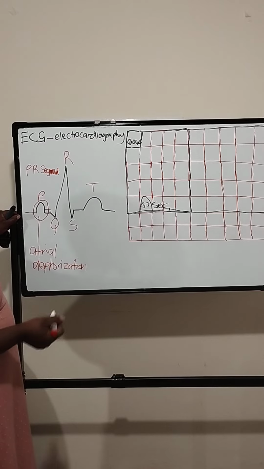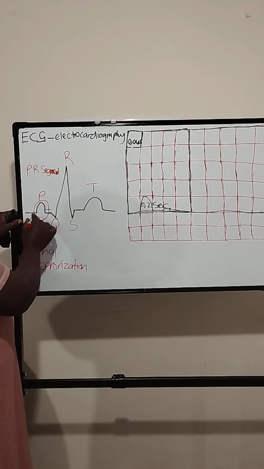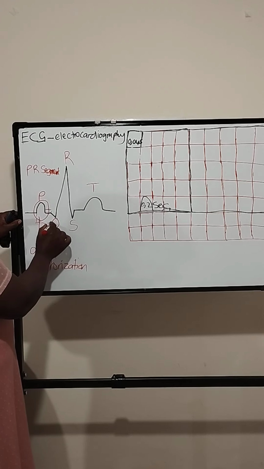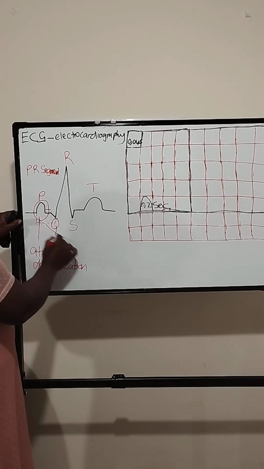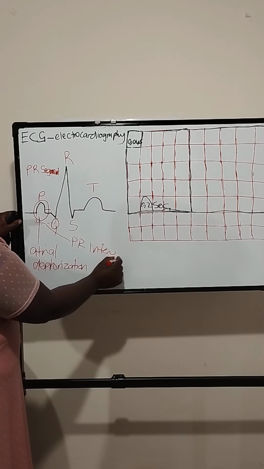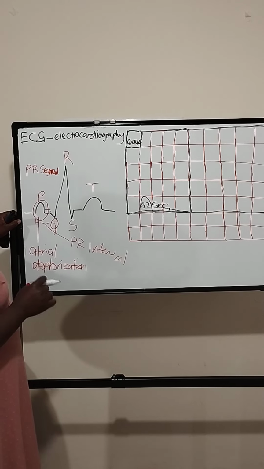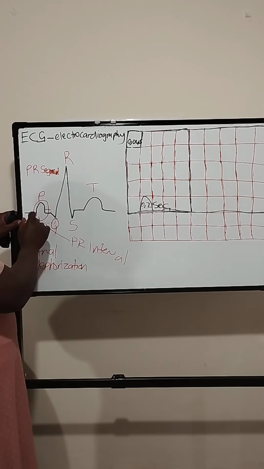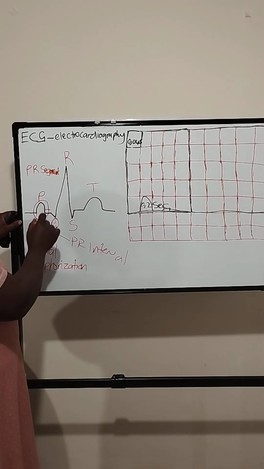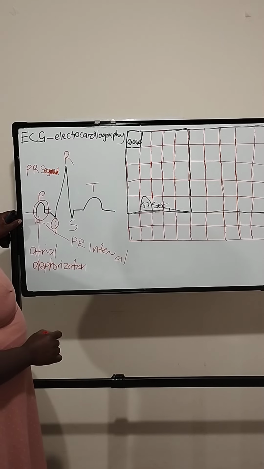We also have what we call the PR interval. The PR interval is the distance between the beginning of the P wave to the beginning of the Q wave. And it represents the time taken between atrial depolarization and the beginning of ventricular depolarization.